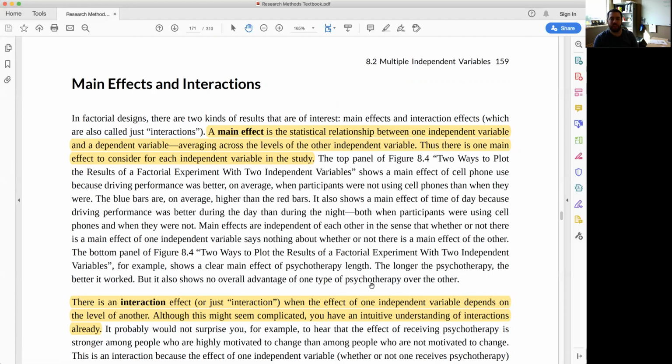So if you can remember from stats, like doing a t-test, if you find a significant difference between two things or two groups, that is pretty much what a main effect boils down to. Your independent variable did change or did cause a change in your dependent variable, and it is statistically significant. So we call that a main effect.